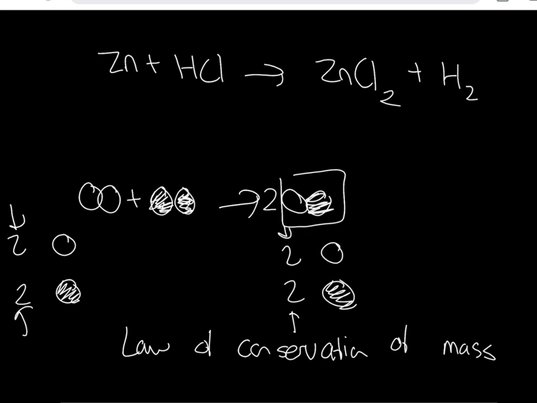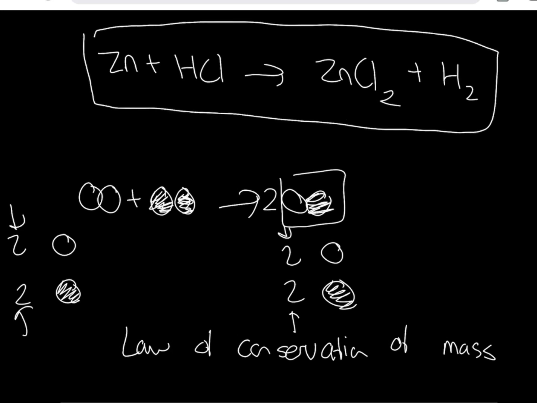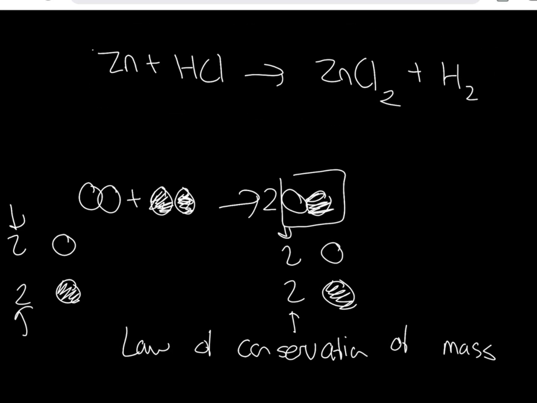During a chemical reaction, you can't just randomly spawn another atom out of nowhere. The amount of stuff on one side has to be the same as the amount on the other side. When you're balancing a chemical equation, all they're asking is, how can you make the amount of atoms in this equation the same on both sides? Let's get into it.